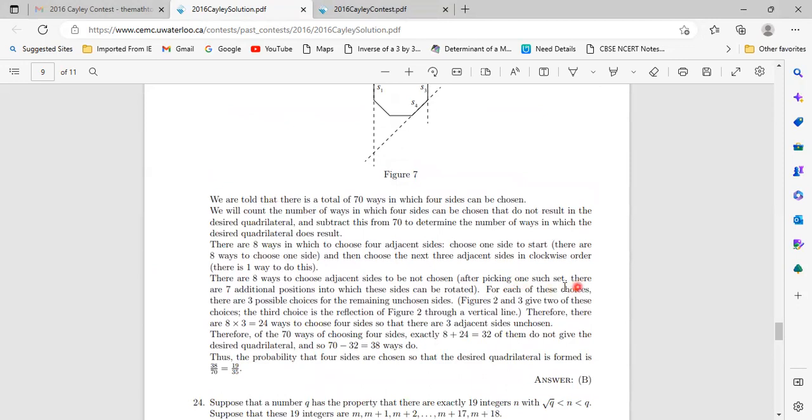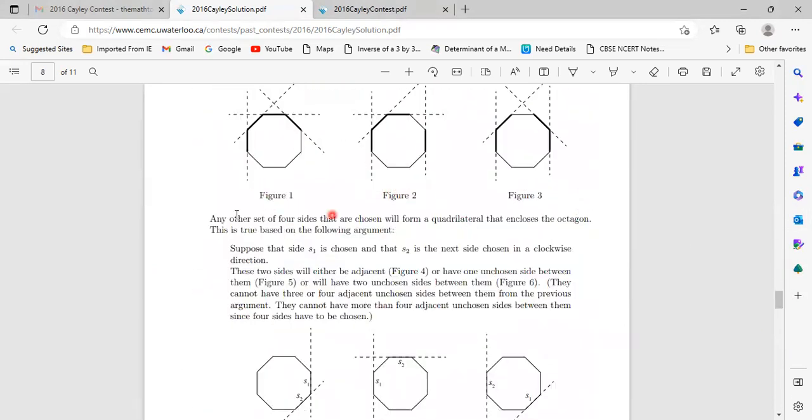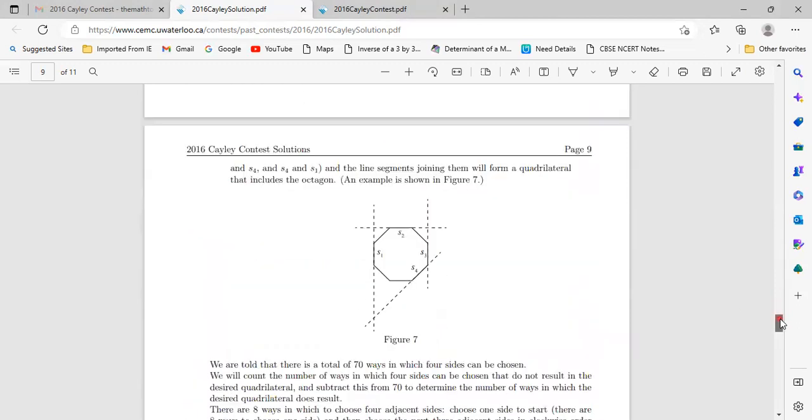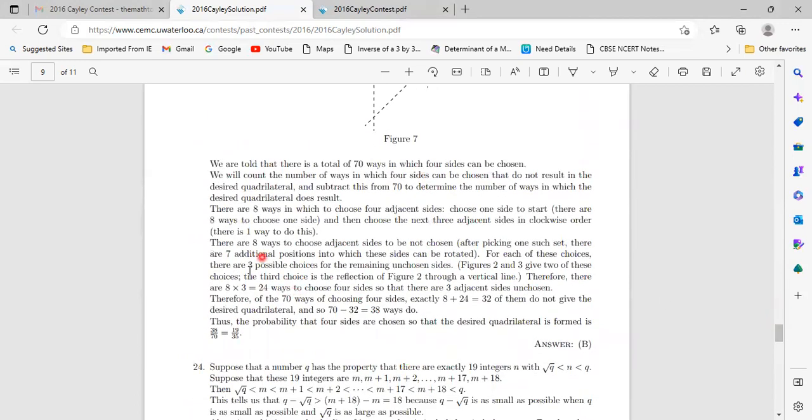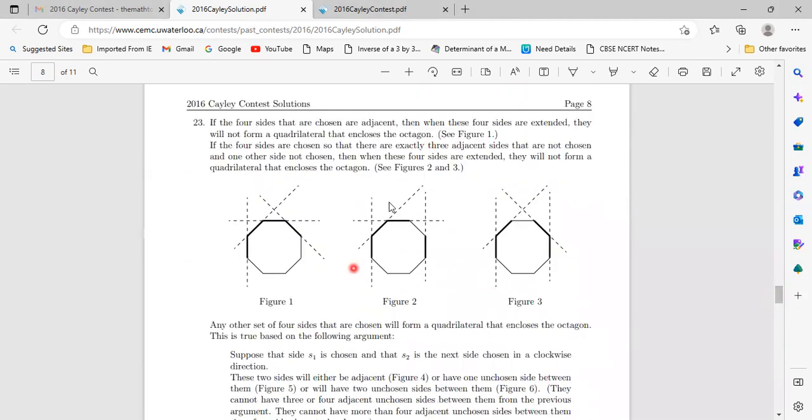For each of these choices, there are 3 possible choices for the remaining unchosen sides. We know why. In figures 1, 2 and 3, we already explored why this will not happen. Alright. So figures 2 and 3 give 2 of these choices. The third choice is the reflection of figure 2 through a vertical line. What does it mean?